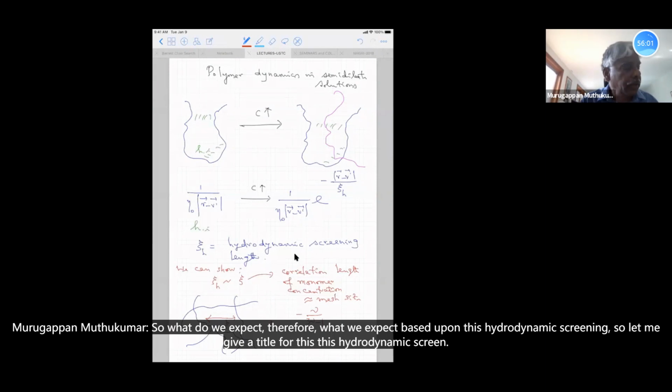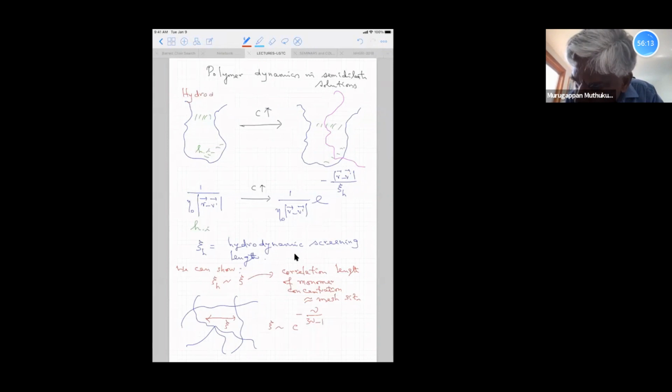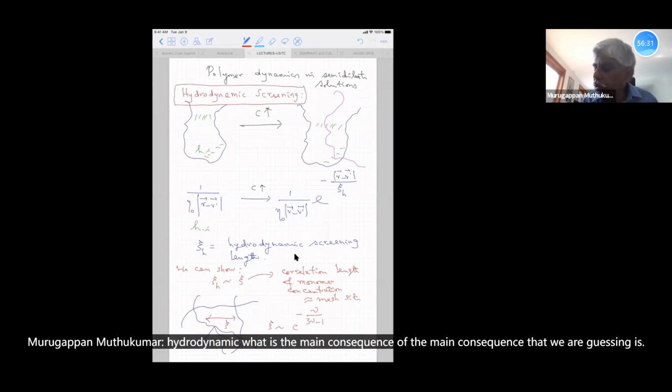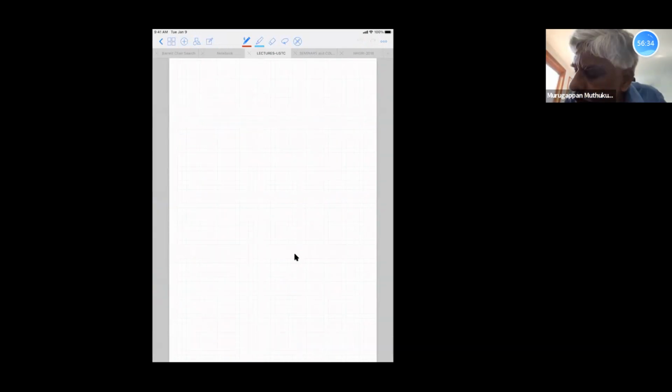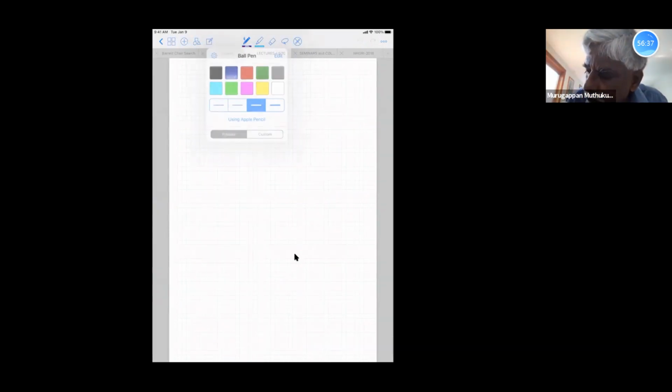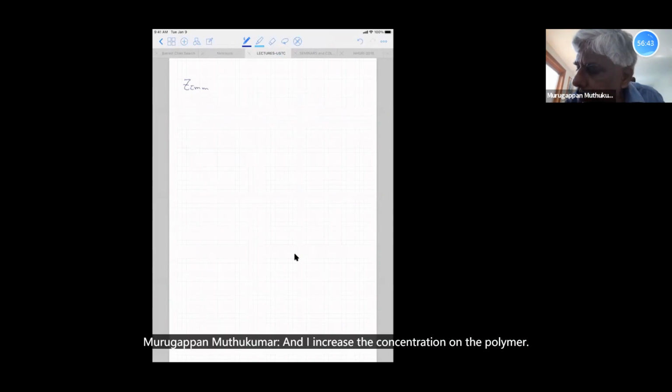So what we expect, based upon this hydrodynamic screening, let me give a title for this. This is hydrodynamic screening. What is the main consequence of this? The main consequence that we are guessing is, here is the Zimm, and I increase the concentration of the polymer.